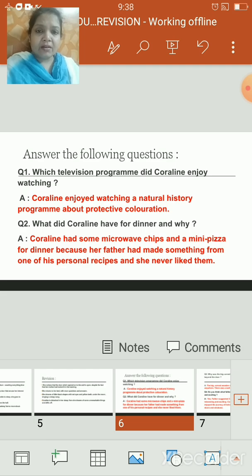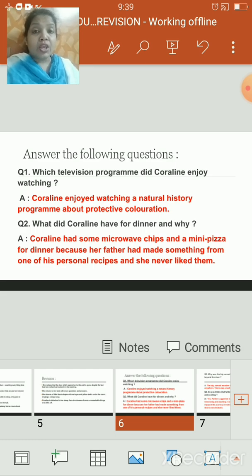Example I have given here: which television program did Coraline enjoy watching? I repeat the question: which television program did Coraline enjoy watching? So now children, you have to give the correct answer and frame the sentence correctly, without using any short forms. For example, you are not supposed to use just the answer, a natural history program, that's it.